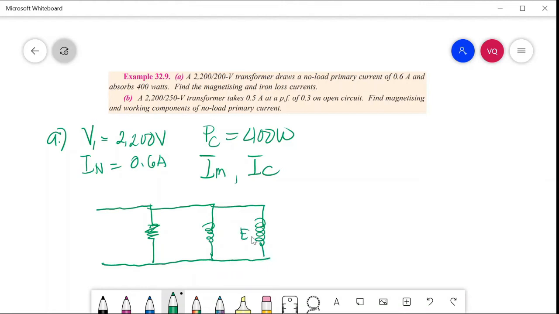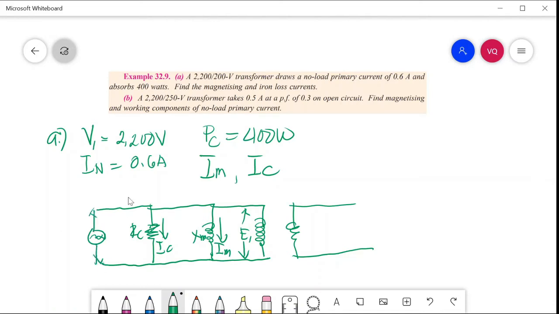Here is your E1. This is the secondary. This is your RC and XM. This is your IC and IM. Your input voltage, AC, is equal to 2,200 volts.